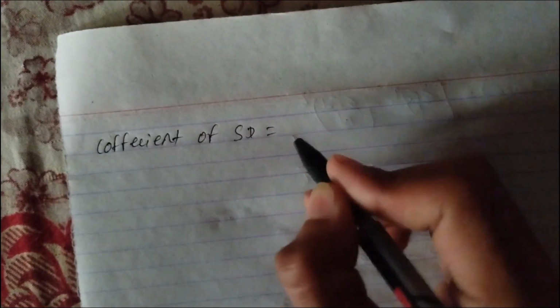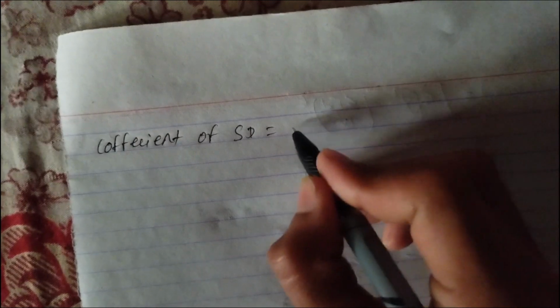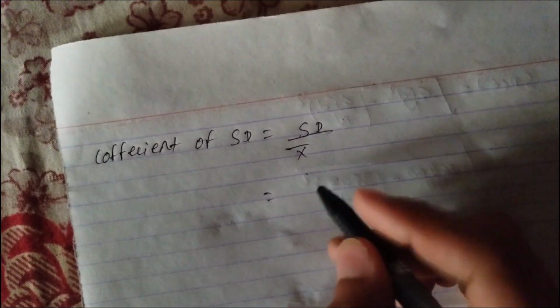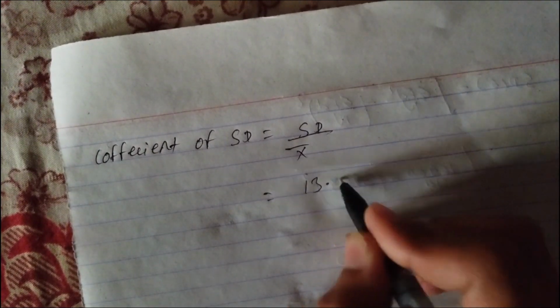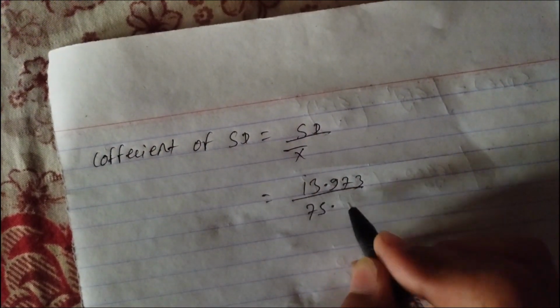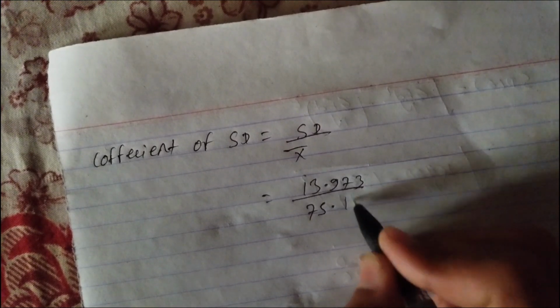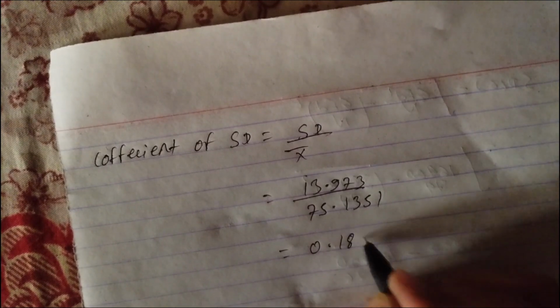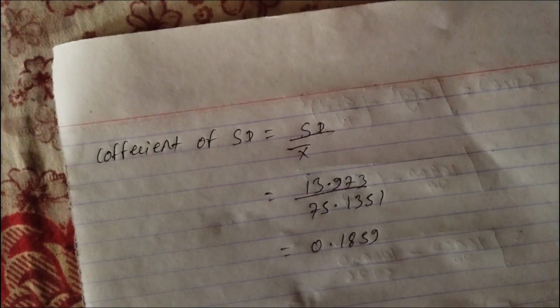Coefficient of standard deviation equals SD upon the actual mean, so 13.973 upon 75.1351, which gives 0.1859, which is our coefficient of standard deviation.